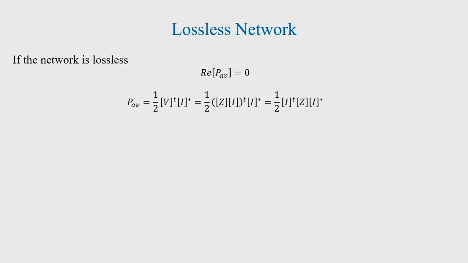Once we substitute V equal to Z I, and use the property of transpose, we can write I transpose, it should be Z transpose, but since Z is symmetric, we can write I transpose Z I complex conjugate.